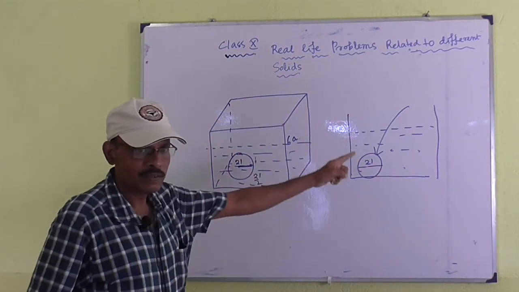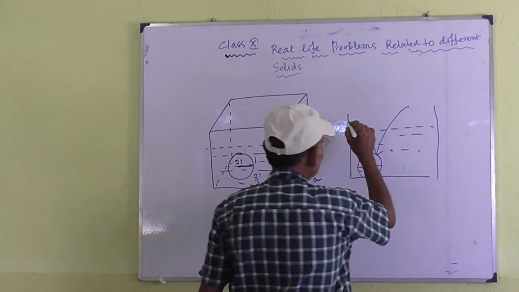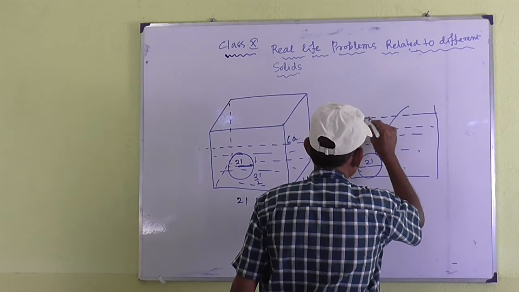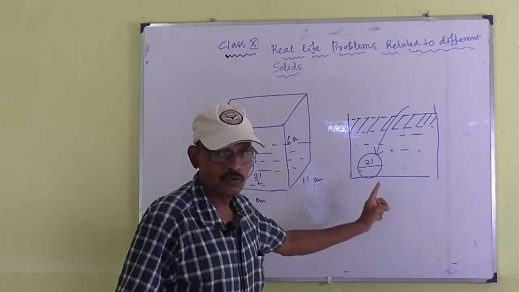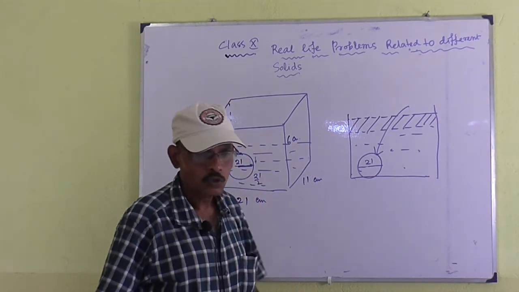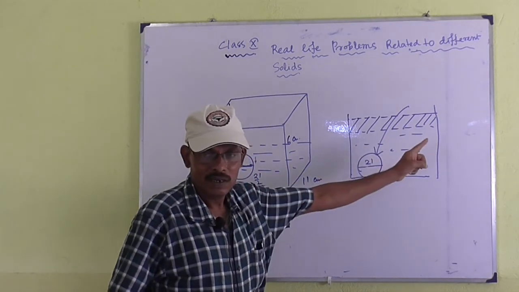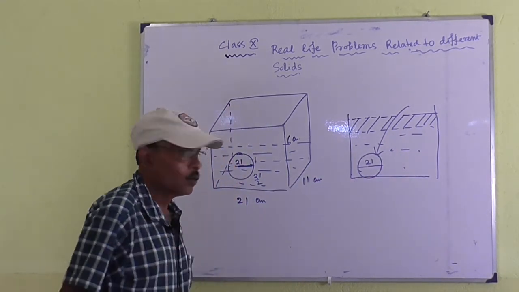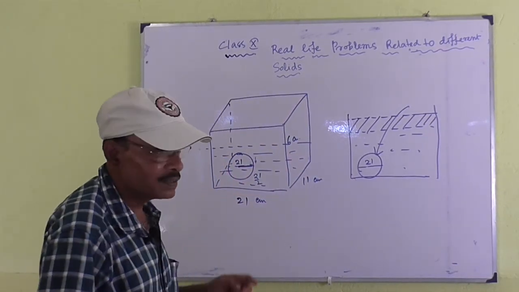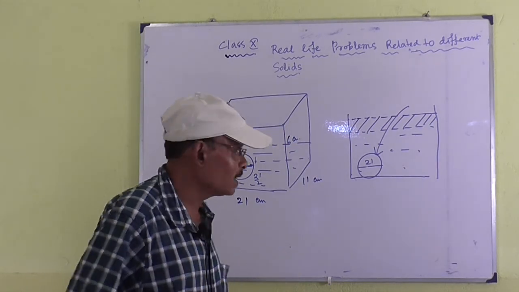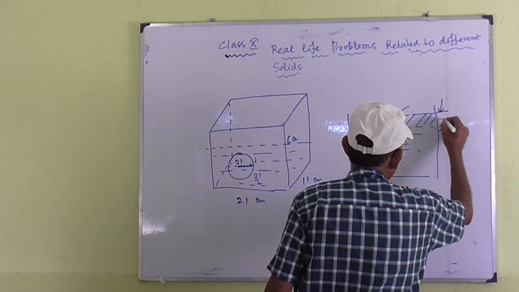So the question is to find the height of the risen level of the water. Let us take 100 small balls poured into the water, and the question is the rising height. Let us say the rising height of the level is x.